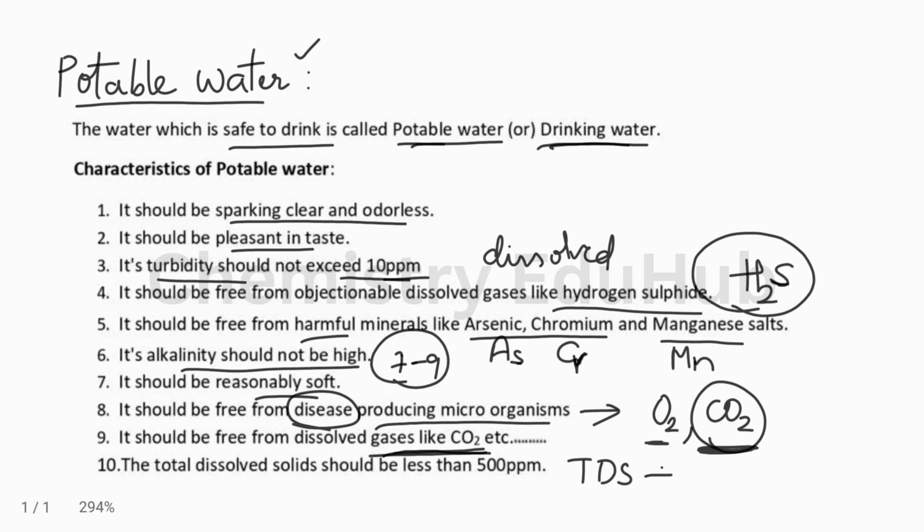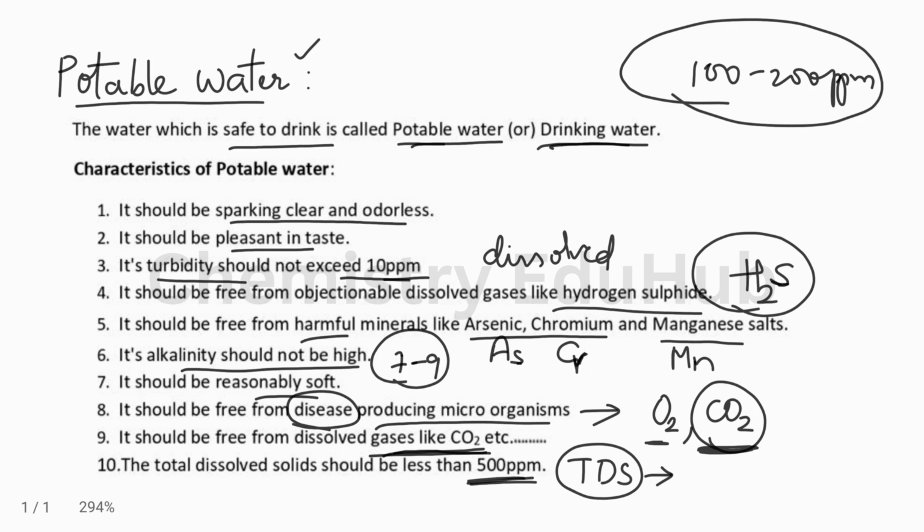The TDS of water should be less than 500 ppm, but generally the suitable TDS for drinking water is between 100 to 200 ppm only. Above that, the water that we drink should be treated with some chemical treatment or boiling can be done. So these are the characteristics of potable water that we drink every day.